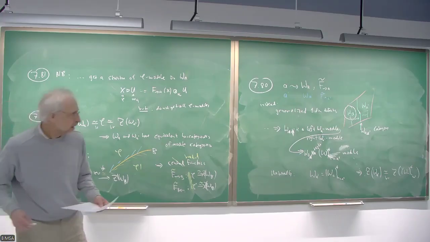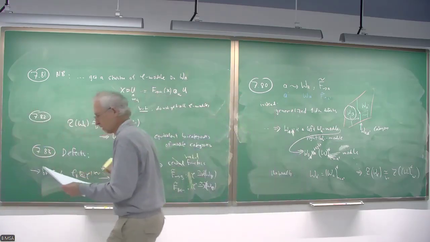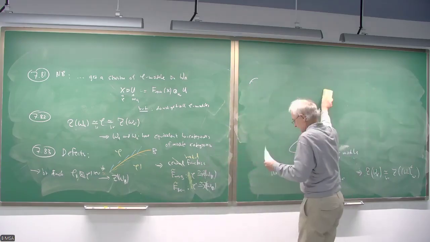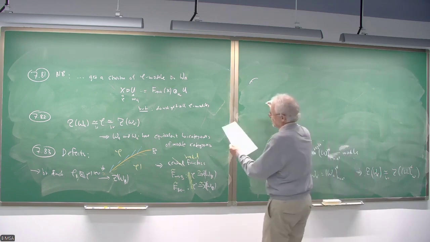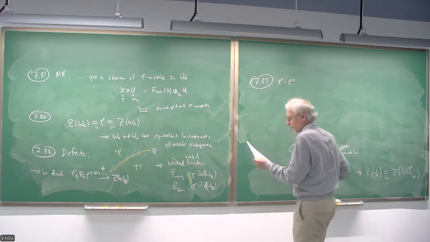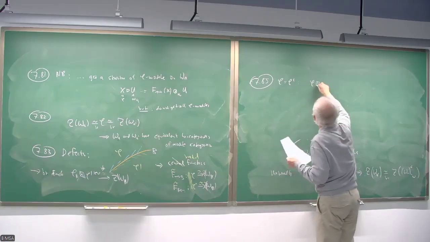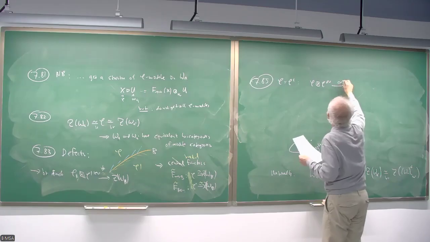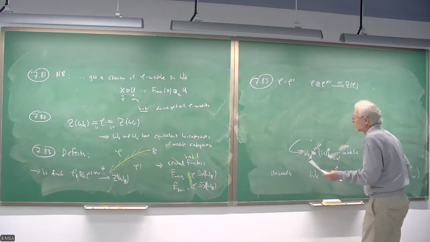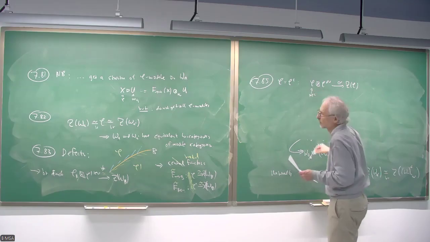In the case where C equals C prime, then what you get, assuming this is correct, is that there is an equivalence because C is a modular tensor category.